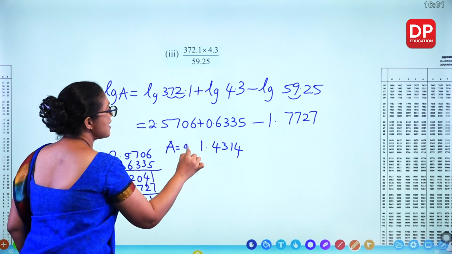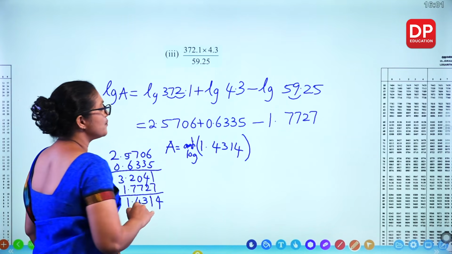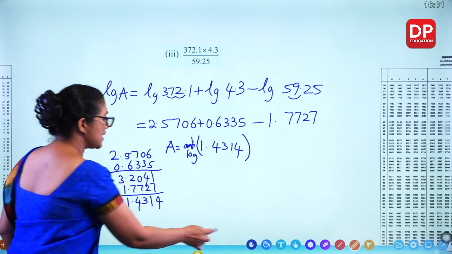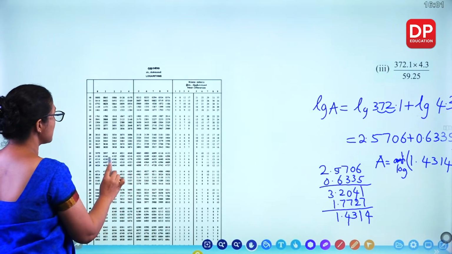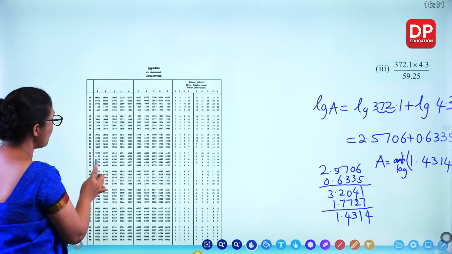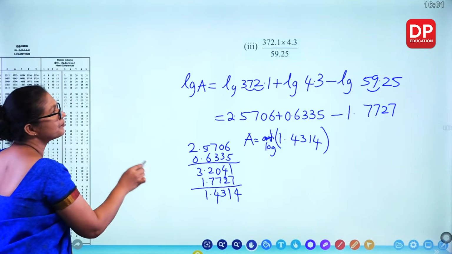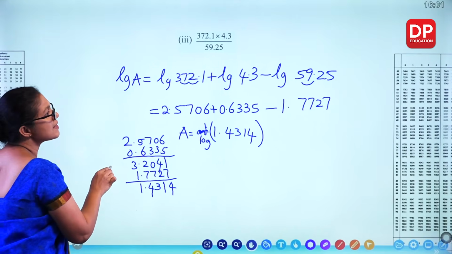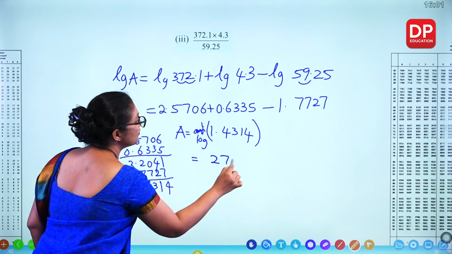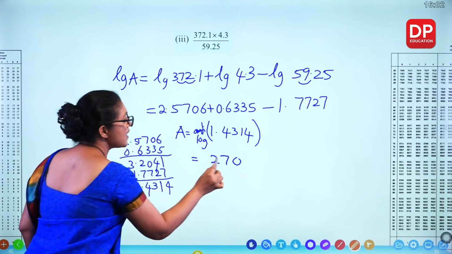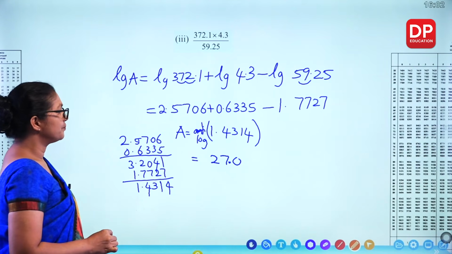Now take the antilog value to get A. A is the antilog of this value. 4314 from this table, it's already there. 270. And this is one place to the right. So you are getting 27.0.